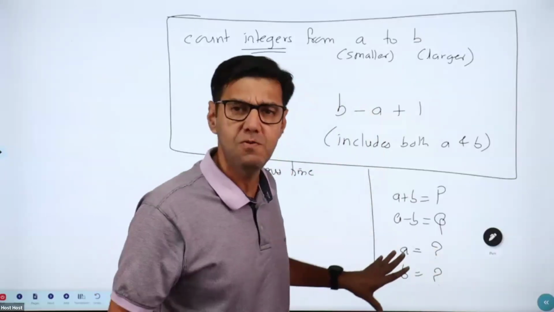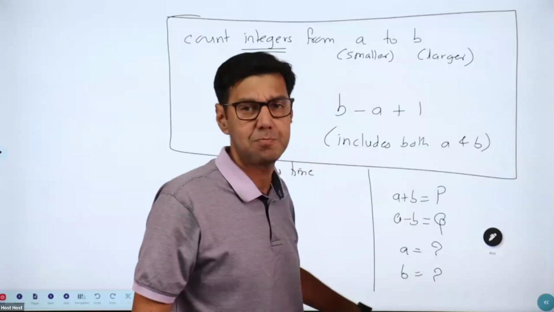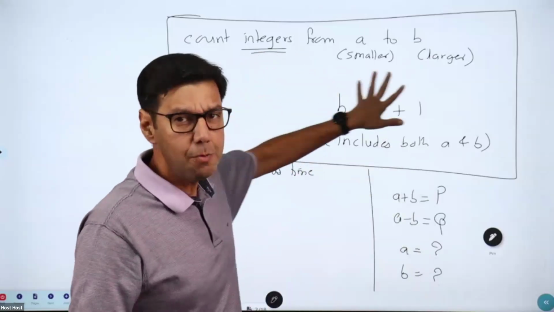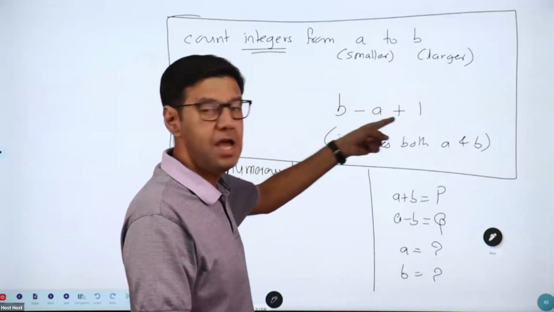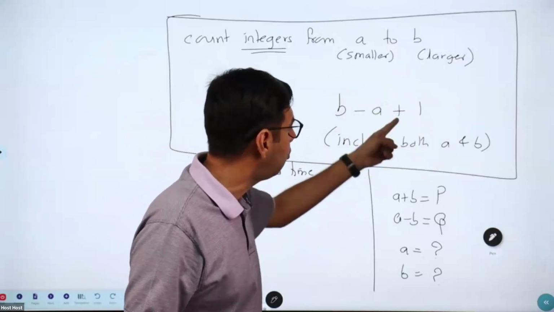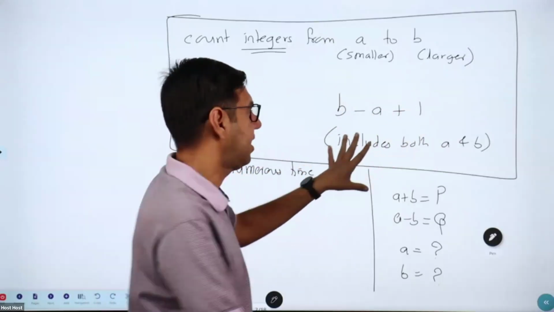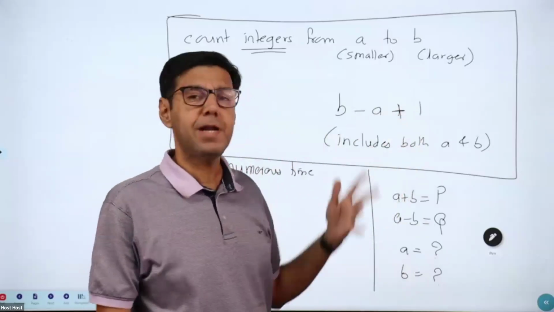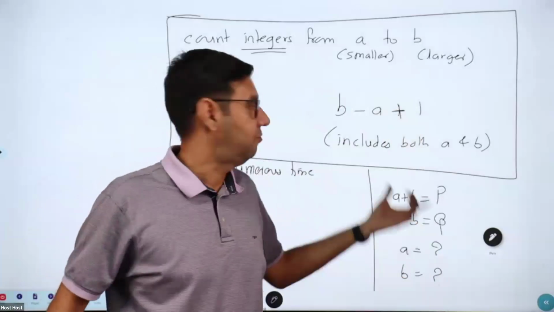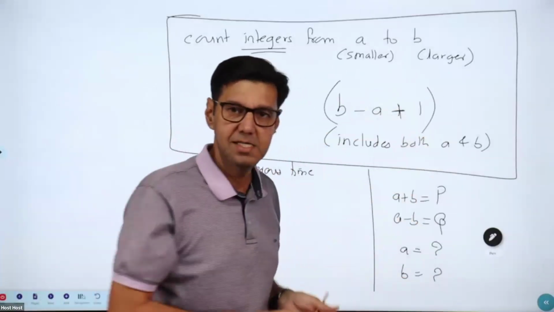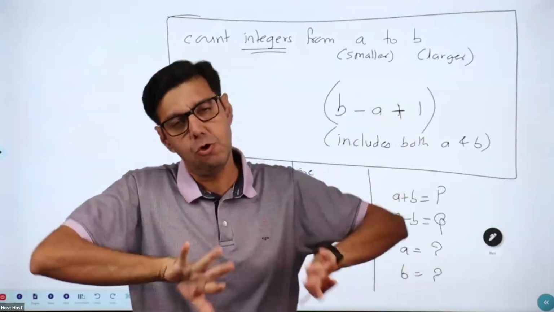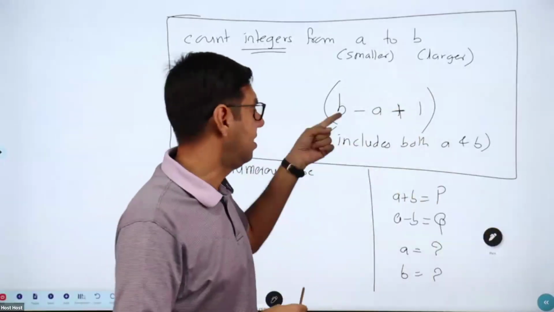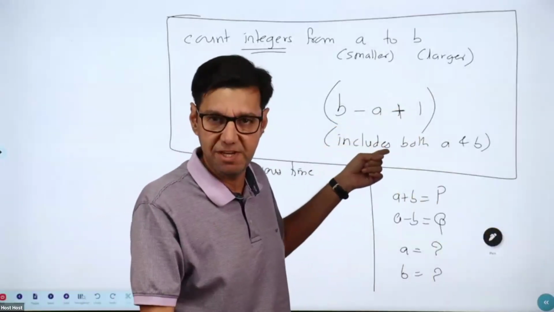We cannot always go back to a margin and explain this. Same thing, I cannot go back always and explain this. And remember, it includes both. These are all things I'm highlighting. So what if I don't want both? Then subtract 2, remove A, remove B. First come to an answer that includes both. If you don't want both, subtract 2, but this is what is going to be used most often.